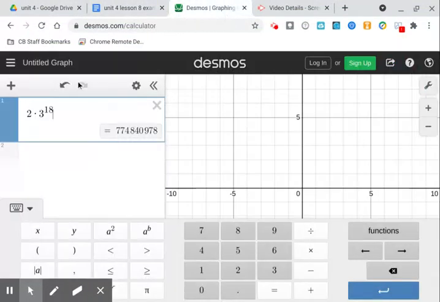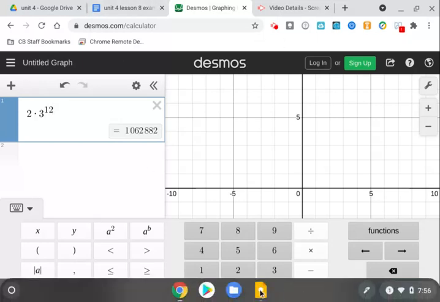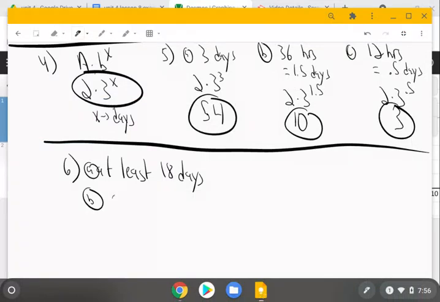Okay, so obviously that's going to be significantly less. So on day 10, we're at 118,000. There we go. On day 11, we're at 354,000. And on day 12, we're over 1 million. So it's going to take at least 12 days to reach 1 million views.